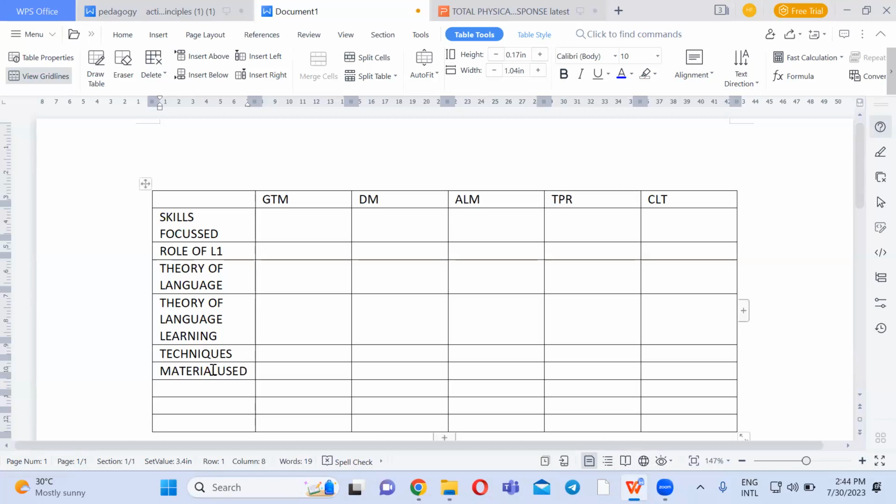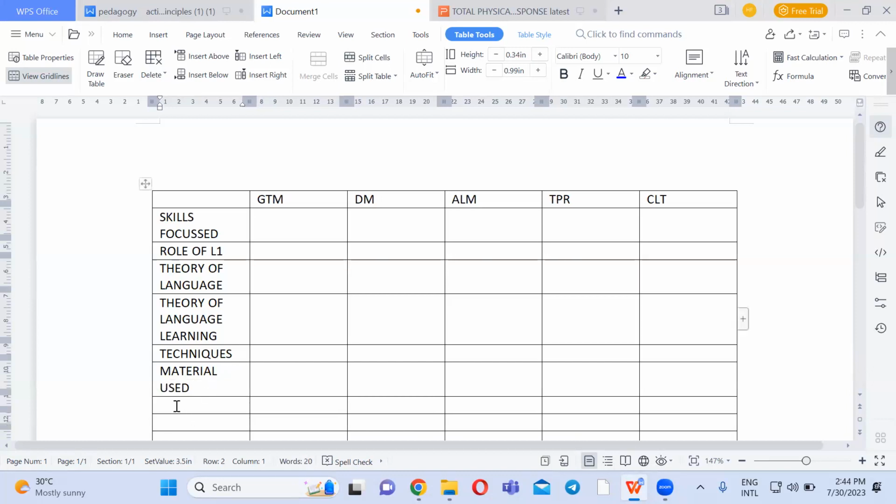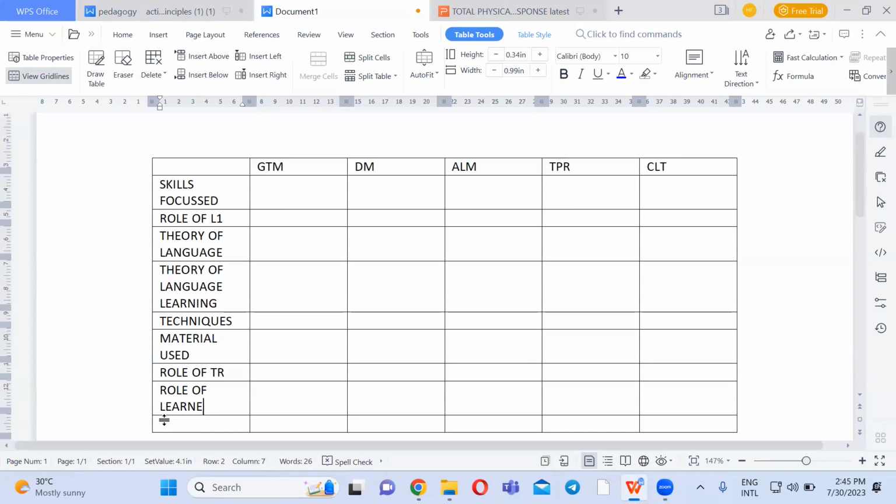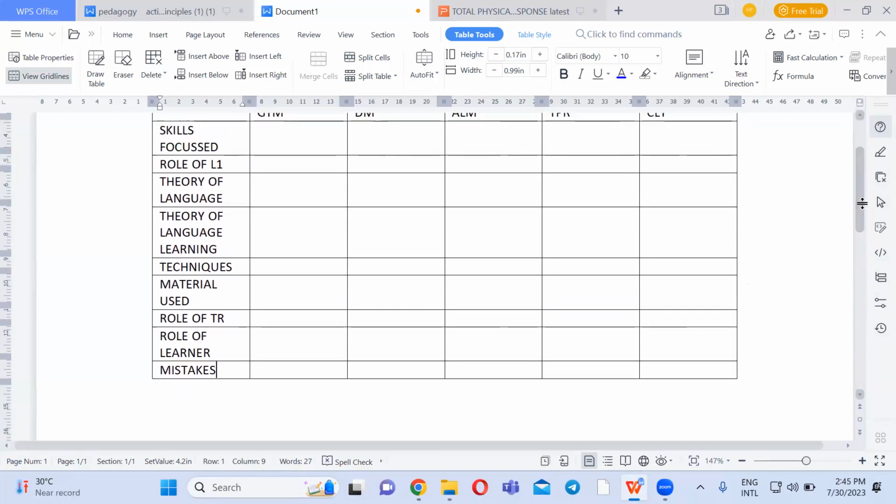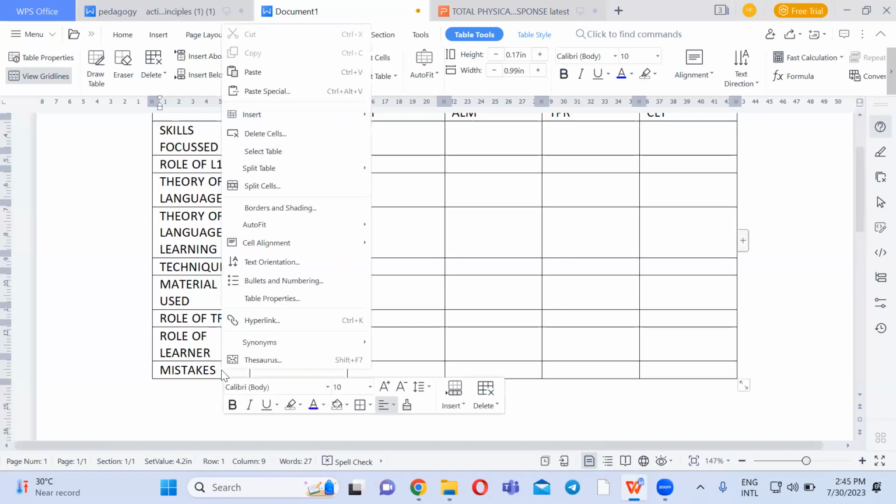Then you can put role of teacher. Then you can put role of learner. What else? Errors, mistakes. How they are treated, whether they are tolerated or not tolerated. You can go on adding also.